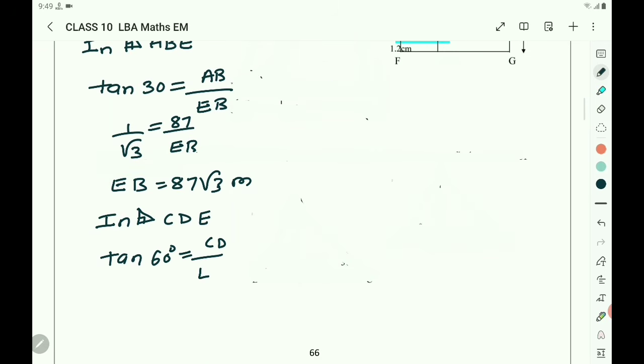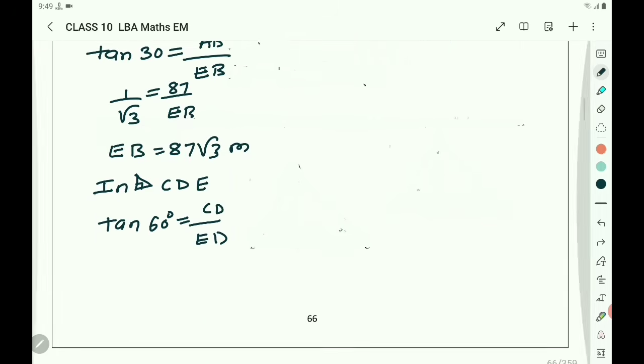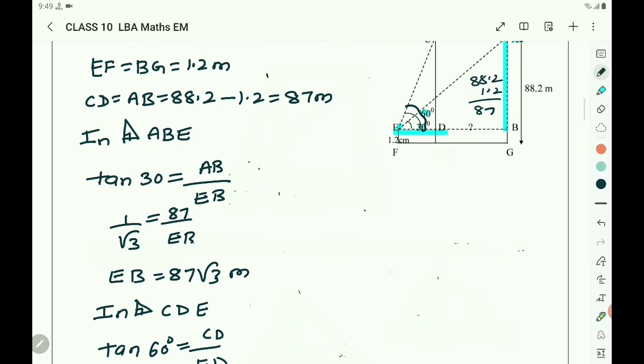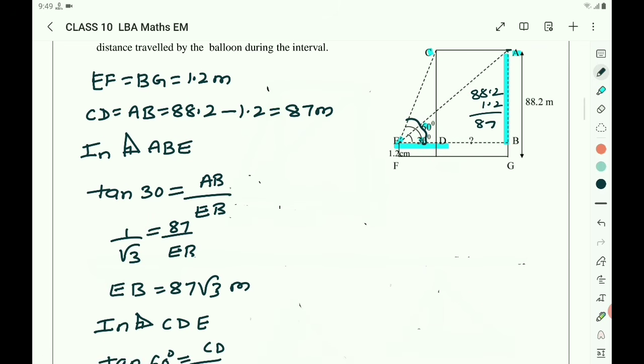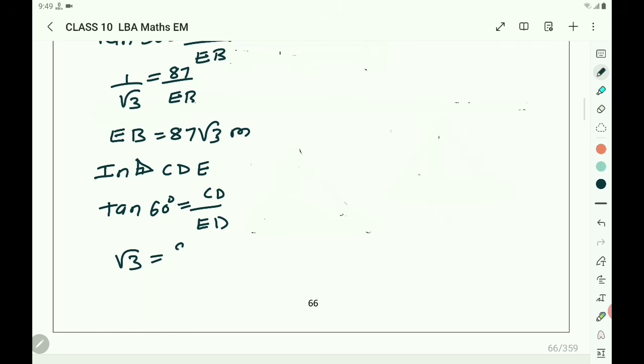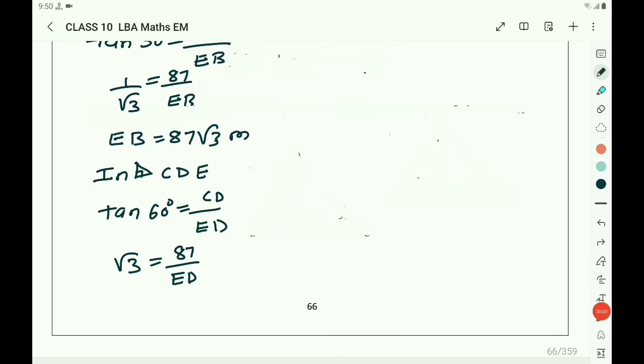Tan 60 is root 3. CD is same as AB, which is equal to 87 meter. So root 3 equals 87 by ED.